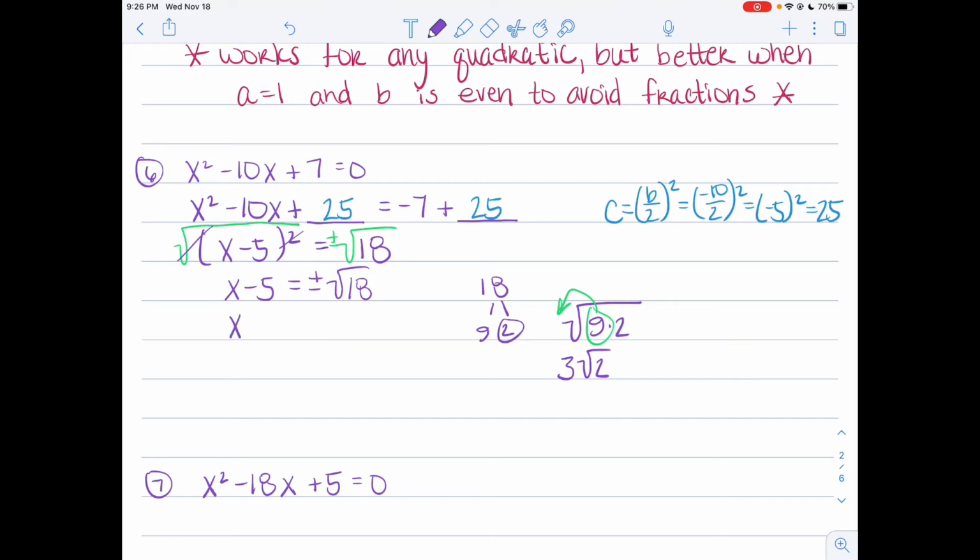So I have x minus 5 is equal to plus or minus 3 square root of 2. Finally, to solve for x, I want to add 5 to both sides so that I get x is equal to 5 plus or minus 3 square root of 2.